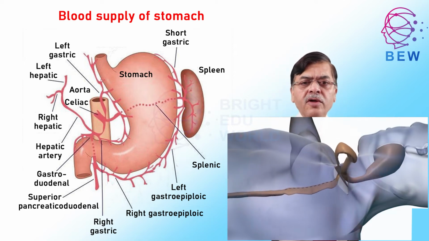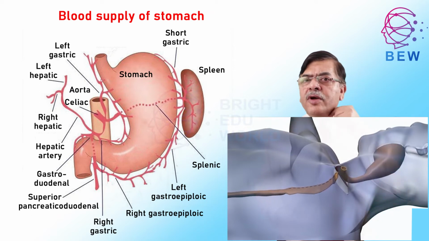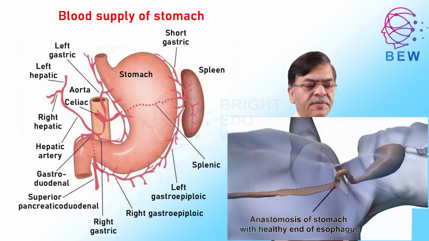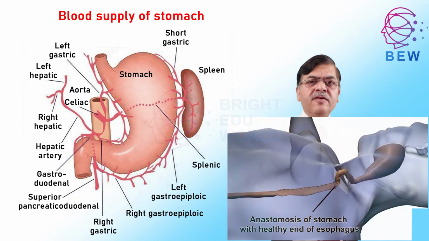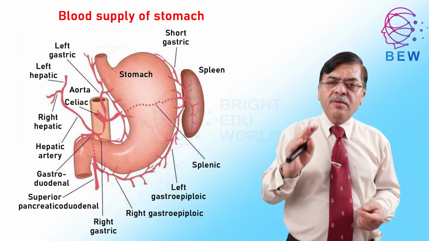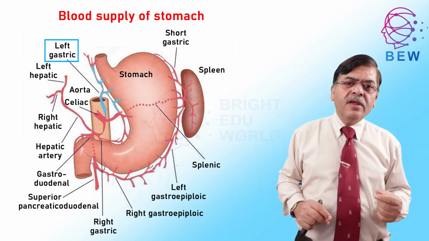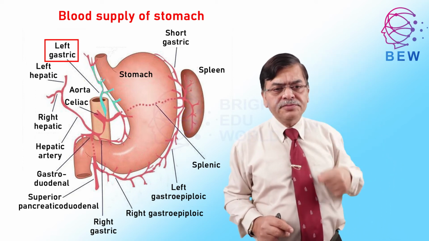And I told you, for esophageal carcinoma, sometimes you use this gastric tube and anastomose it here in the neck with the cervical esophagus. So when you make the gastric tube, for mobilization of the stomach so high, you have to cut all the major blood supply of the stomach, particularly the left gastric artery, because the left gastric artery is short. Unless you cut that, you cannot pull the stomach up.